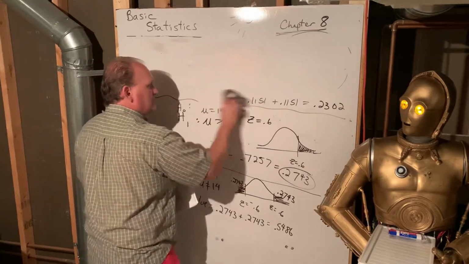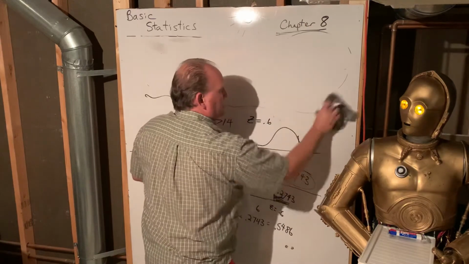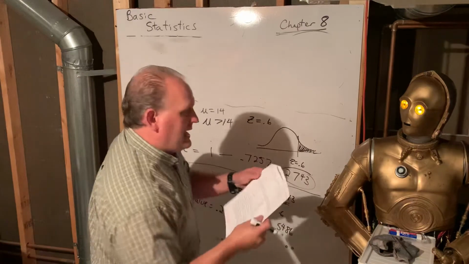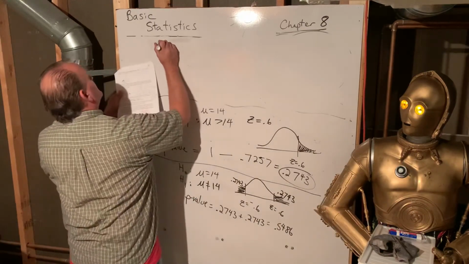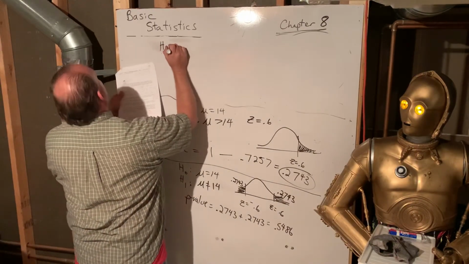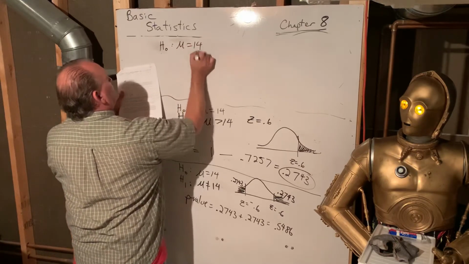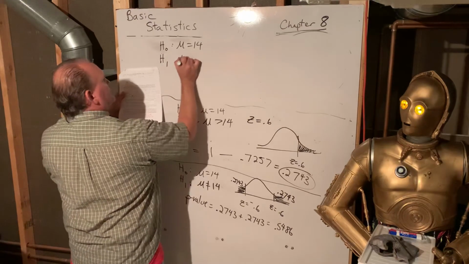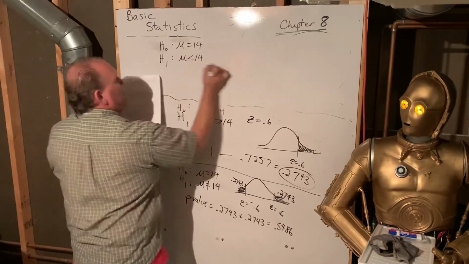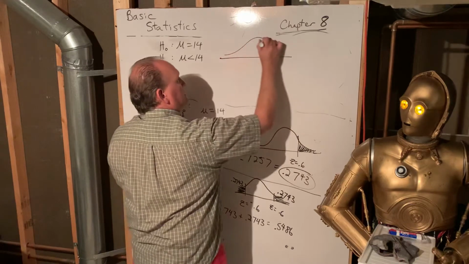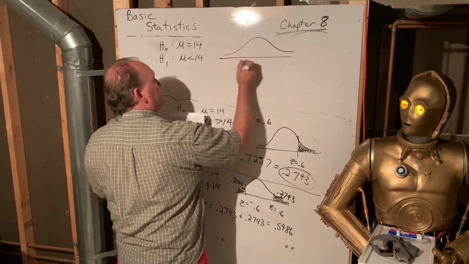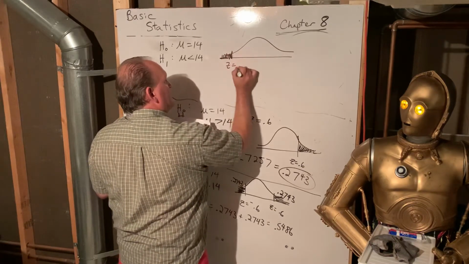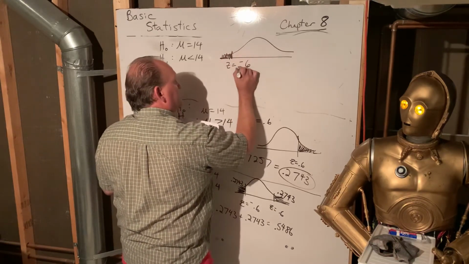So the third scenario here, z is still 0.6, but this time they want it less than for the alternative. Again, typo. There are 3 typos there. That's 14, but it should say H sub 1. The alternative hypothesis is less than 14, which means less than 14 would be down here, and the z-value that we calculated was negative 0.6.